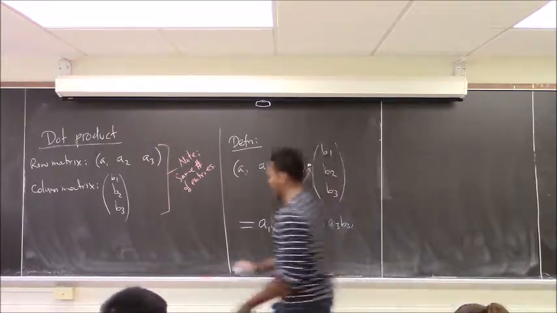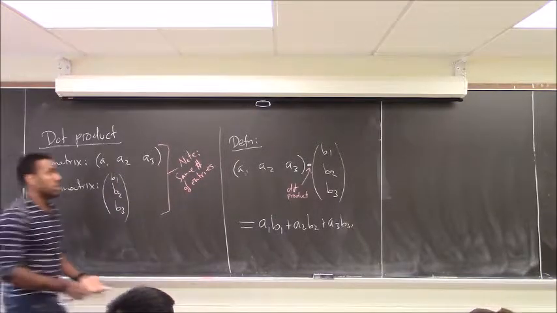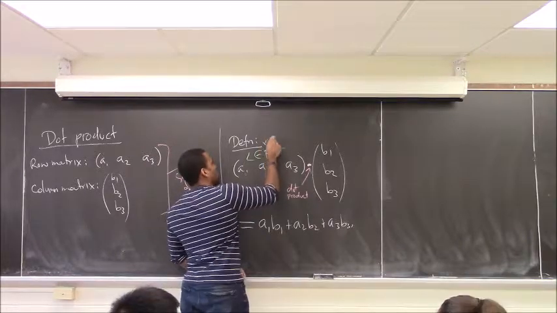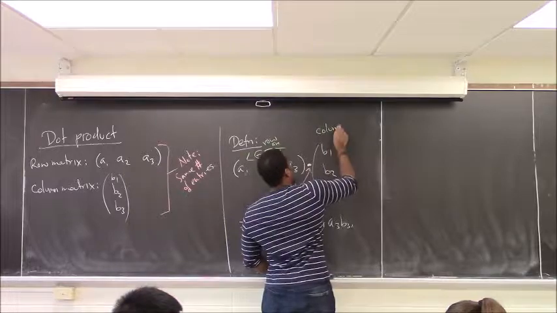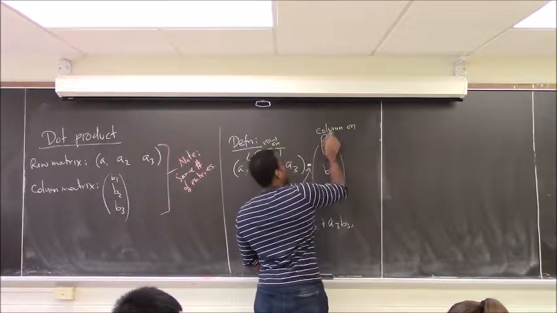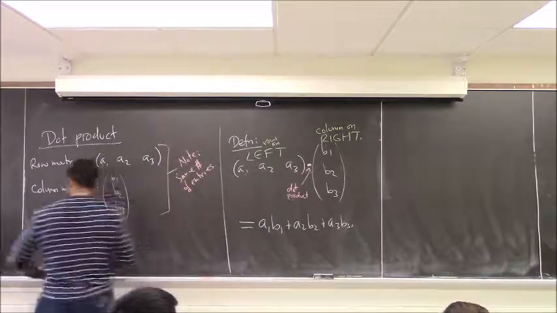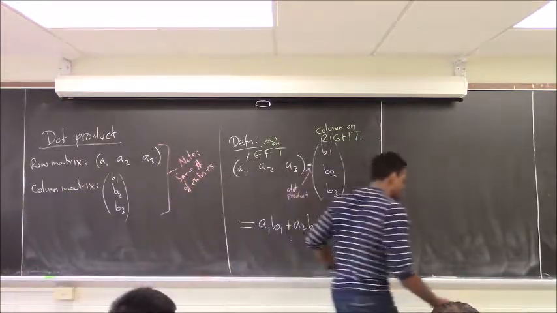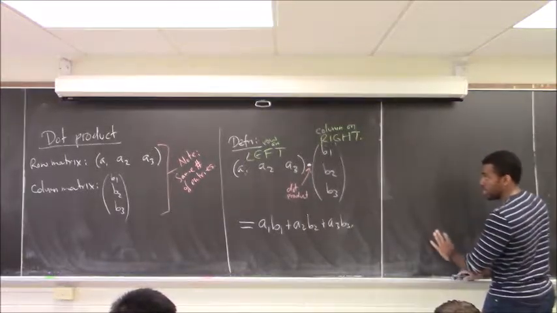And it's very important that the row is on the left. Row on left, and the column is on the right. Again, the why you don't have to know, although I might tell you anyway, but the order in which you're doing this actually matters.